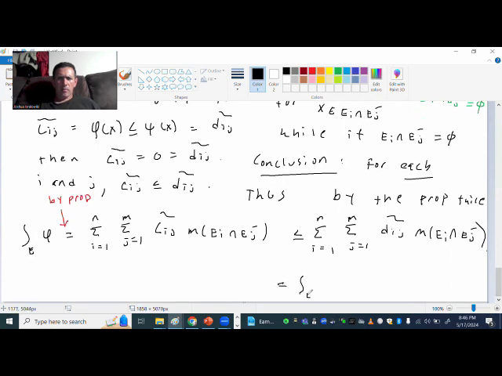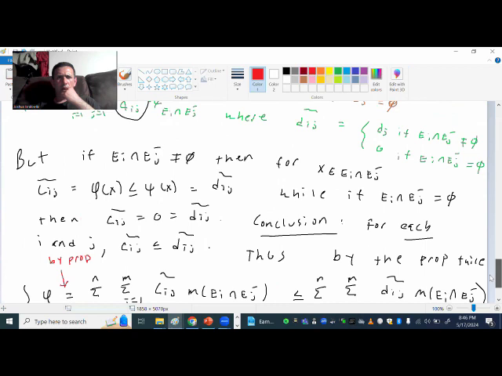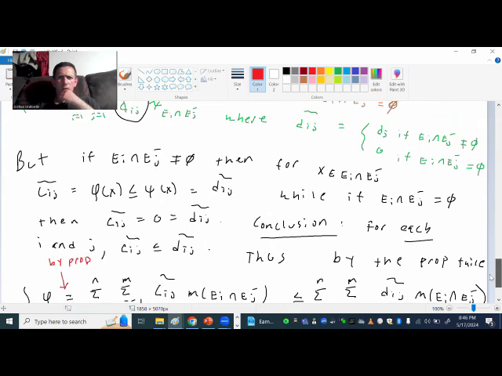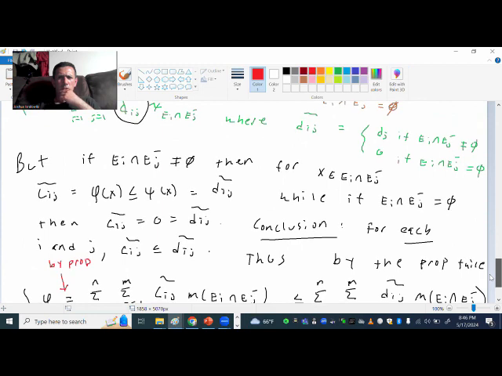So again, by the proposition, this is the integral of. It's a little bit crowded, but I did go pretty slowly, so hopefully there are no issues.